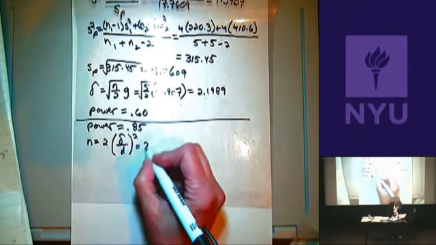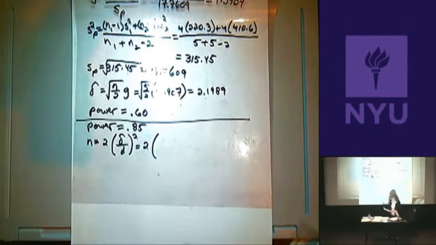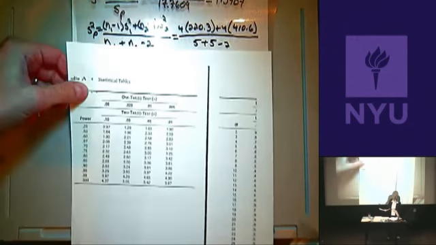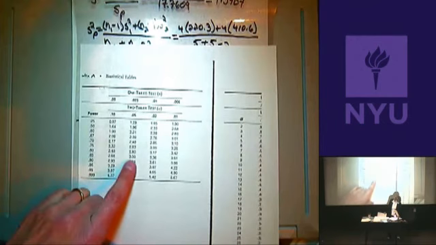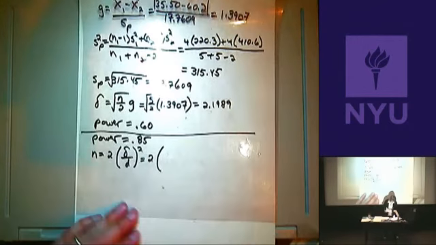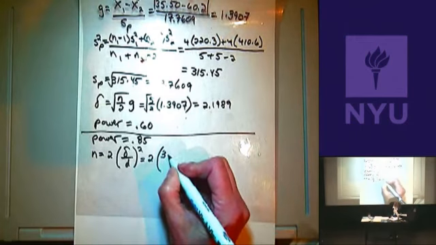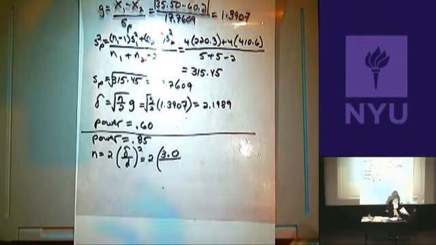And I get my delta from that other table. Right, what is power 0.85? So a power of 0.85, again, alpha 0.05, two-tailed. Our delta is 3.0. 3.0, that's high. And the effect size, I'm using the effect size that I just used from my study.